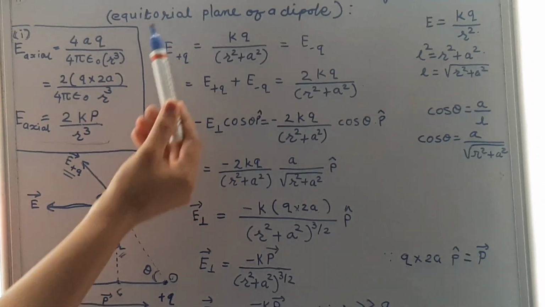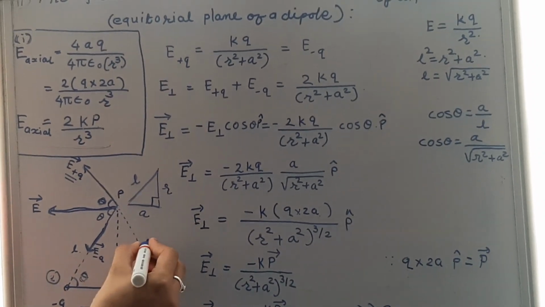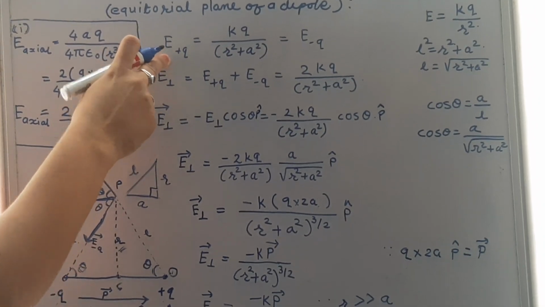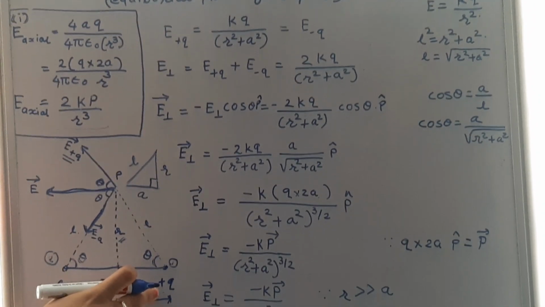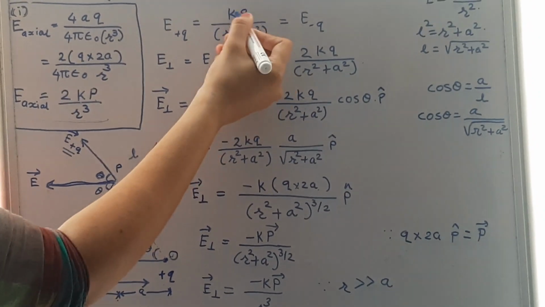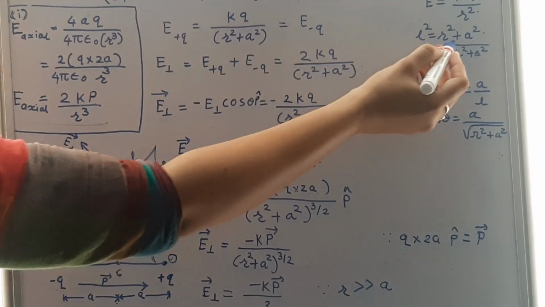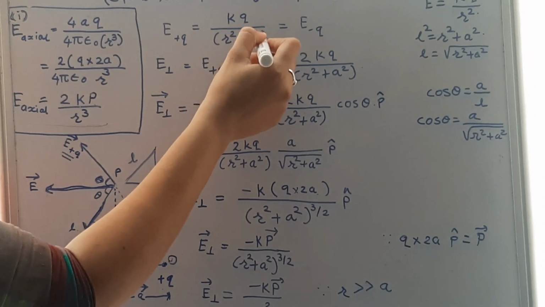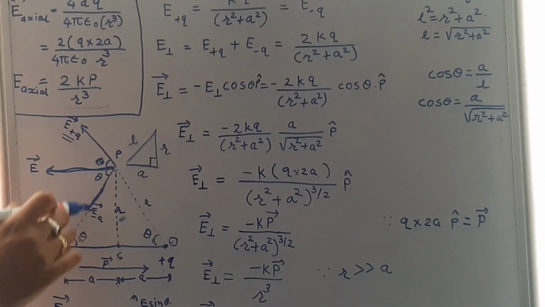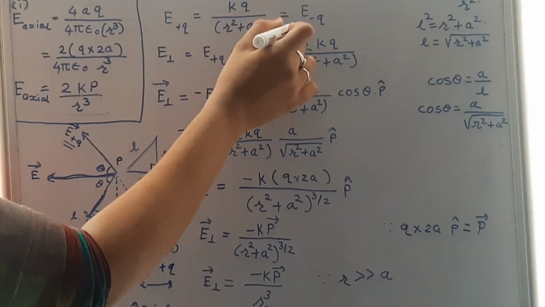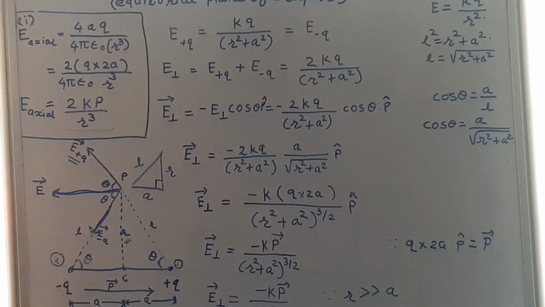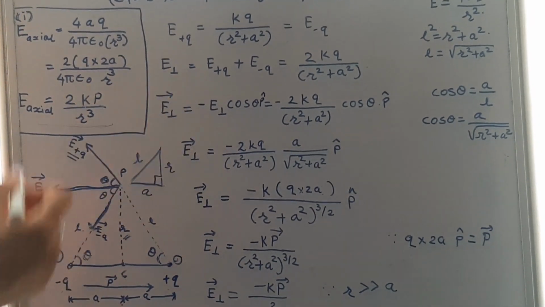So the electric field at plus q due to charge q is given by kq upon L square, where L square is r square plus a square. The electric field due to both charges is the same in magnitude, so E plus q is equal to E minus q. Okay, so E perpendicular means what?